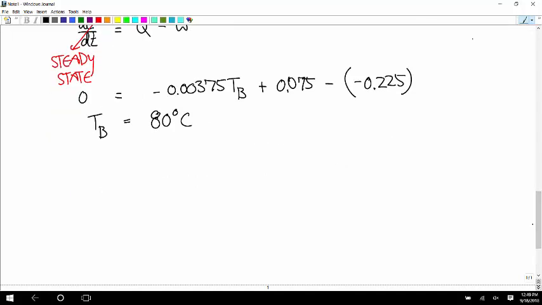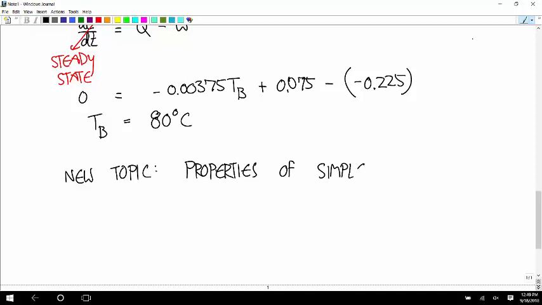So the next topic that we're going to go into, new topic. This is properties of compressible substances.